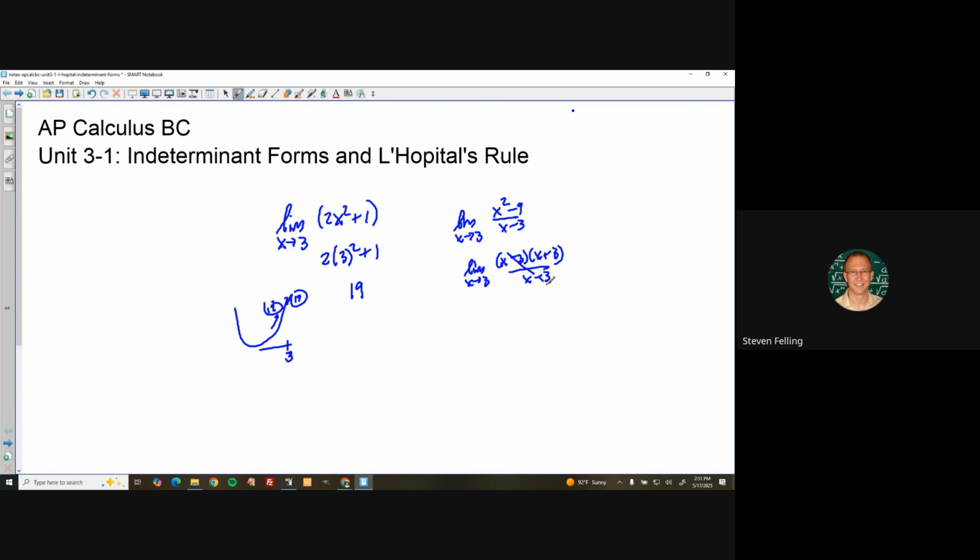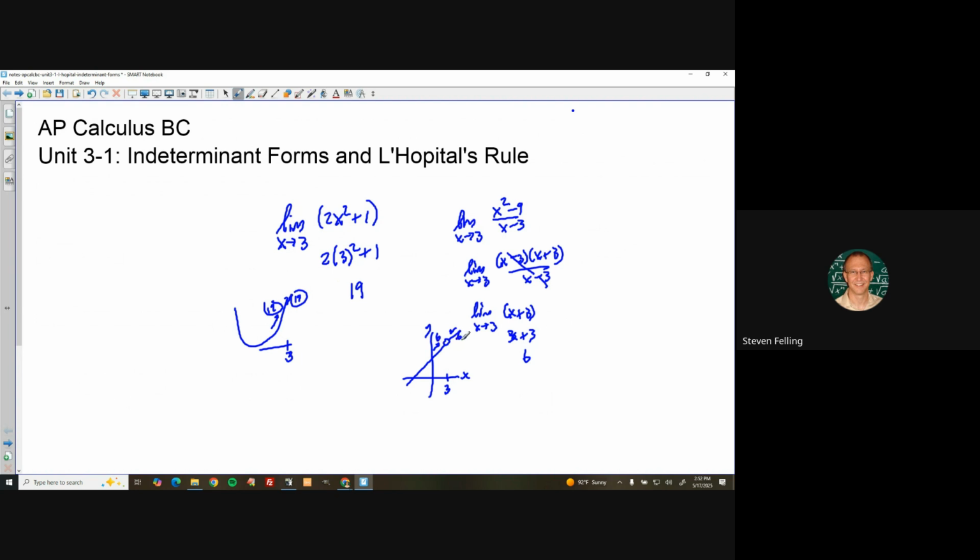Because you can cancel those factors, that's equivalent to x plus 3, which is 3 plus 3, which is 6. So although this function would look like a line if you graphed it, there's actually a hole at x equals 3, but the number being approached is 6.